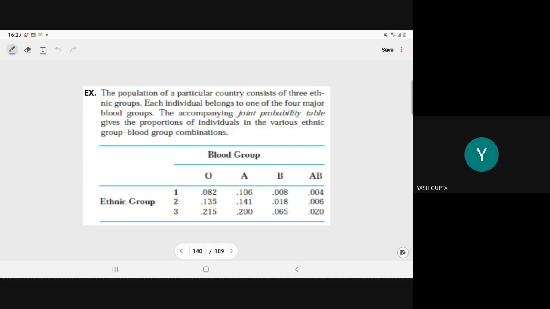Now, the population of a particular country consists of three ethnic groups. Each individual belongs to one of the four major blood groups. So we have three ethnic groups 1, 2, 3 and four blood groups O, A, B and AB. The accompanying joint probability table gives the proportion of individuals in the various ethnic group and blood group combinations.